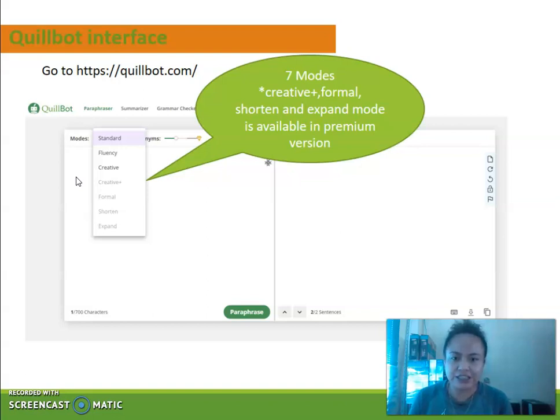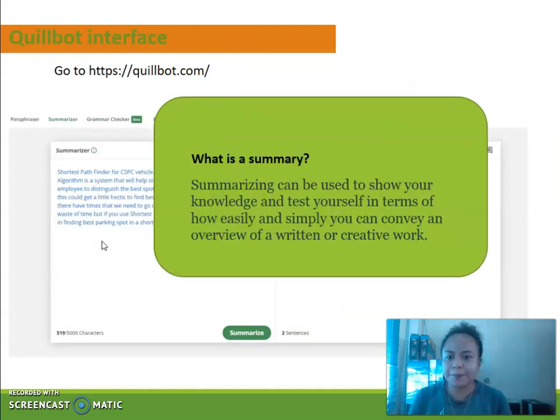Another feature is the summarizer. By the way, in our online or synchronous meeting, we have examples and further discussion of the paraphraser modes. Now let's go to summary.